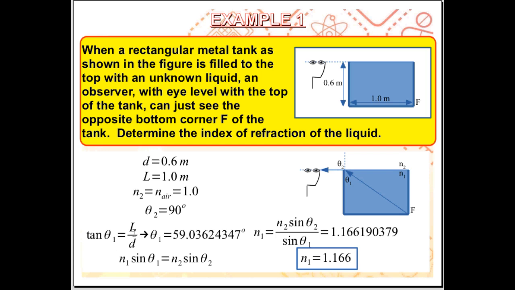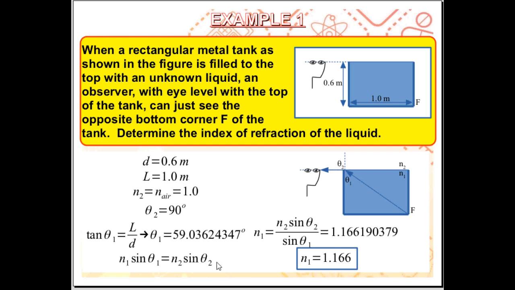Tangent theta 1 is L over D, opposite over adjacent, so getting the inverse tangent, we are able to get theta 1 to be 59.03624347 degrees. And then using the law of refraction, N1 sine theta 1 is equal to N2 sine theta 2.